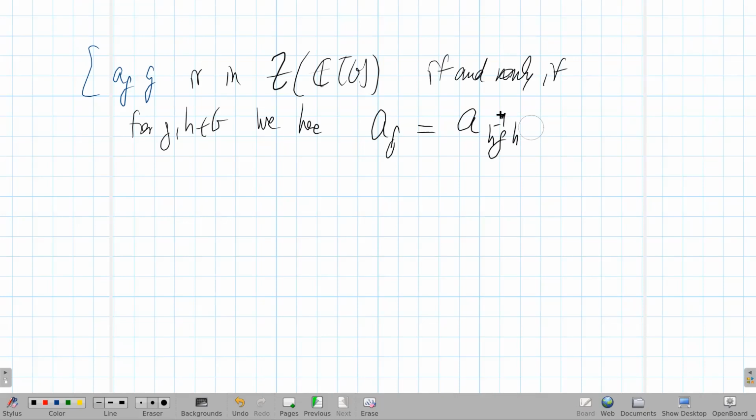But what's this element? This is a generic element in the conjugacy class of G. Remember, conjugacy: take an element G, and if you conjugate it by H, it takes it to this.